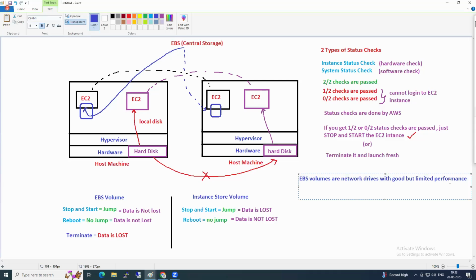If you need a high performance hardware disk, use instance store. But there is a risk of data loss if hardware fails. Backups and replication are your responsibility.